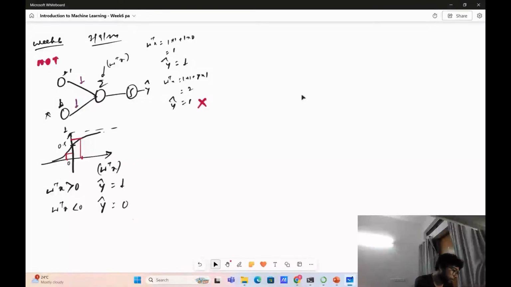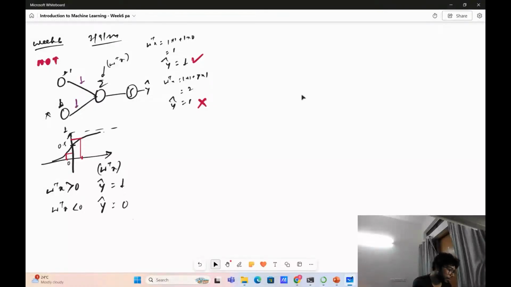So this is wrong, although the first case was right. So we have to choose the weights in such a way that both the times we get the right output. If we get input as 0, we'll get output as 1. If we get input as 1, we'll get output as 0.